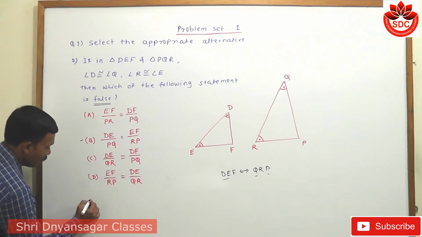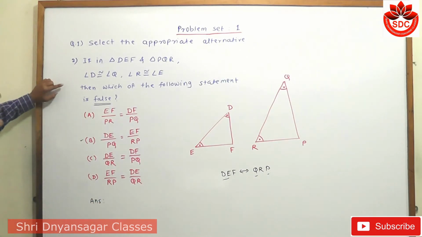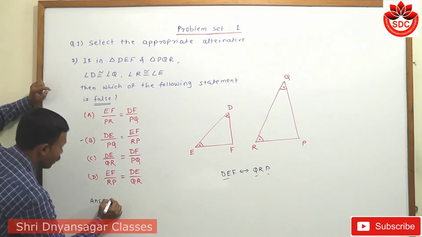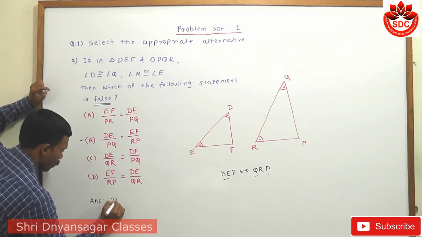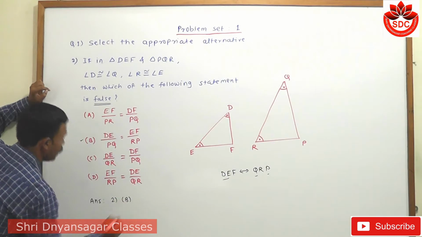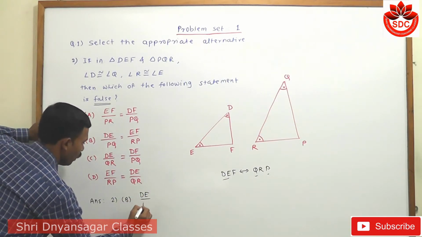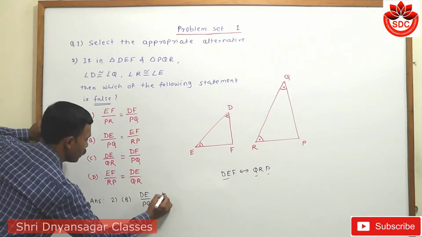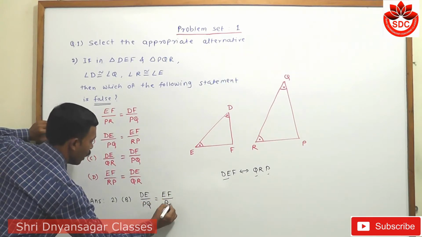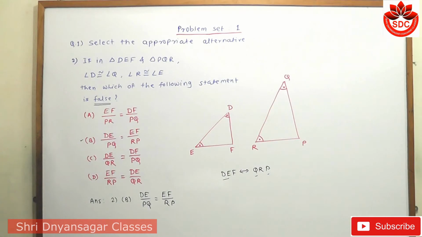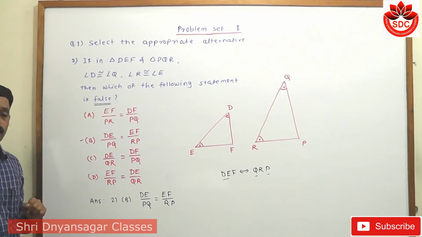So in this question number second, the answer is B, which is false, and the ratio is DE upon PQ is equals to EF upon RP. This is our answer of question number second. Then we take the next question number third.